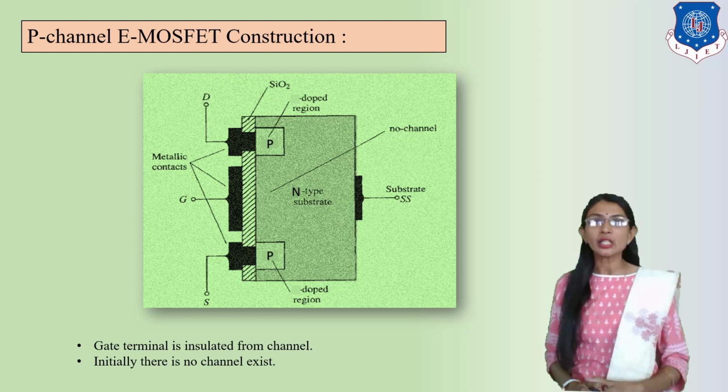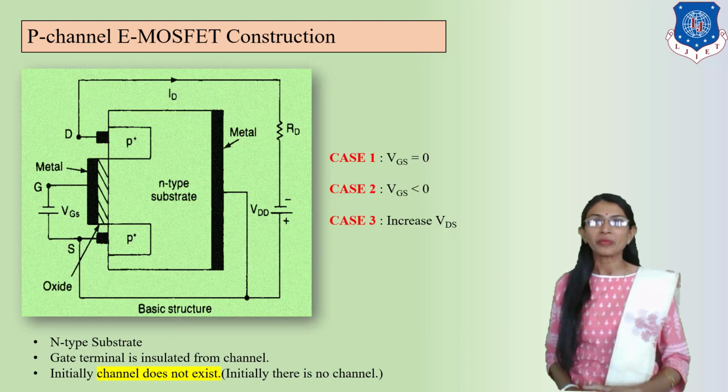So now let me discuss the working of the P-channel E-MOSFET construction. For working, I have drawn here the circuit diagram with the two biasing batteries. One battery is connected with the input and another battery is connected with the output. The input side battery is negative, as shown in this circuit diagram. This is the VGS, which is negative. For P-channel, we will always connect the negative VGS.